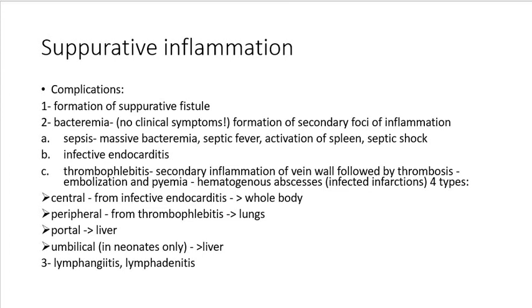But if it was peripheral, if the initial spread was from thrombophlebitis, for example, this can spread to the lungs. If it was portal, it can spread to the liver, and if umbilical, to the liver as well, but this happens only in neonates. And one last complication of suppurative inflammation is also lymphangitis, inflammation of the lymphatic vessels, or lymphadenitis.